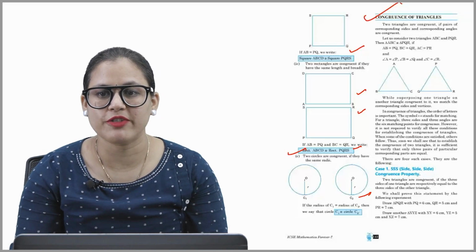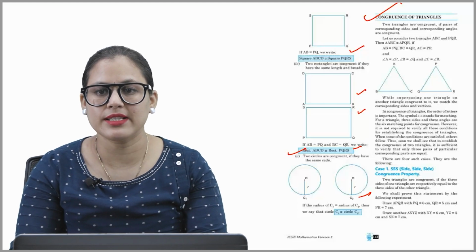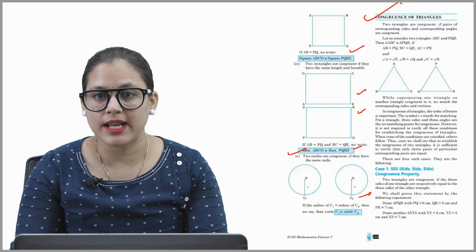Two triangles are congruent if pairs of corresponding sides and corresponding angles are congruent. Let us consider two triangles, ABC and PQR.